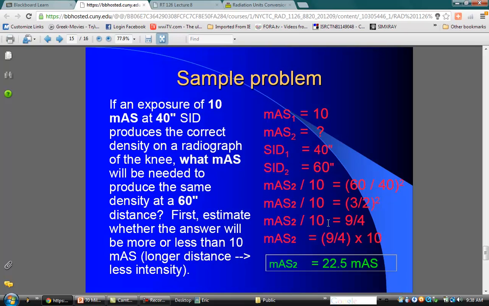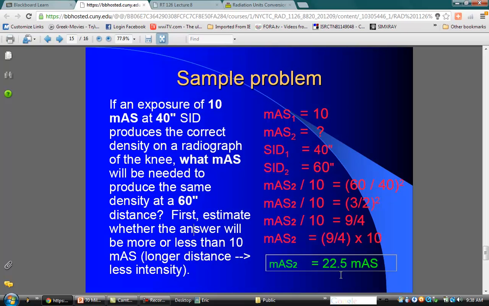Mass 2 over 10 is equal to 9/4, so we squared the above. 3 times 3 is 9, 2 times 2 is 4. We're left with 9/4. Mass 2 is equal to 9/4 times 10. We kind of moved this over. And when you do this multiplication, you have 22.5 mass as your answer.